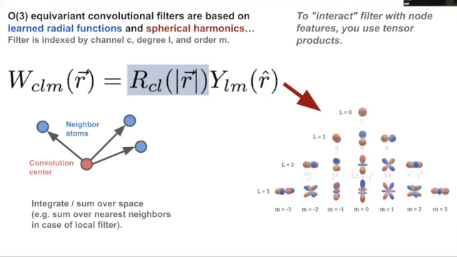And what we can do is break it up into learned radial functions and angular functions, much like we do with the wave function of the hydrogen atom, not a coincidence. So the radial function can be pretty much anything, and then the angular function, we break down as spherical harmonics.